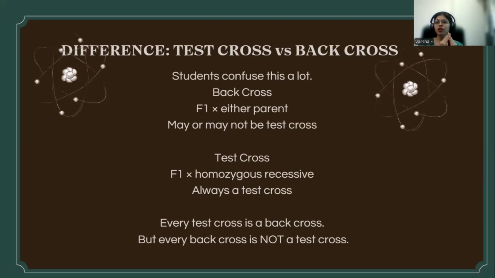When the F1 generation is crossed with either one of its parents, it is known as back cross. And that back cross may or may not be a test cross. If it is done with a dominant parent, it is not a test cross, but when it is done with a recessive parent, it becomes a test cross. Similarly, test cross is F1 crossed with homozygous recessive.